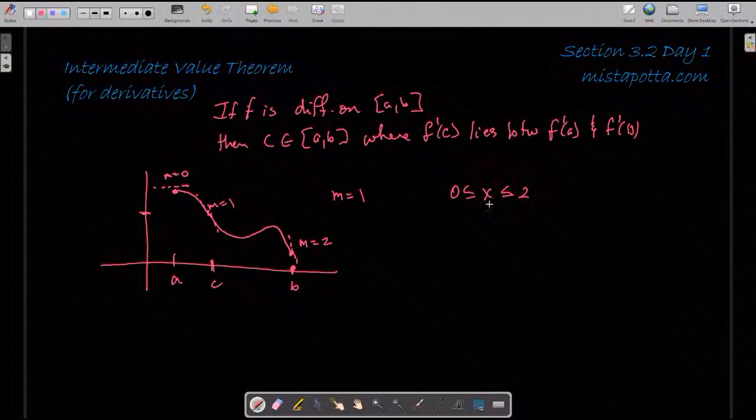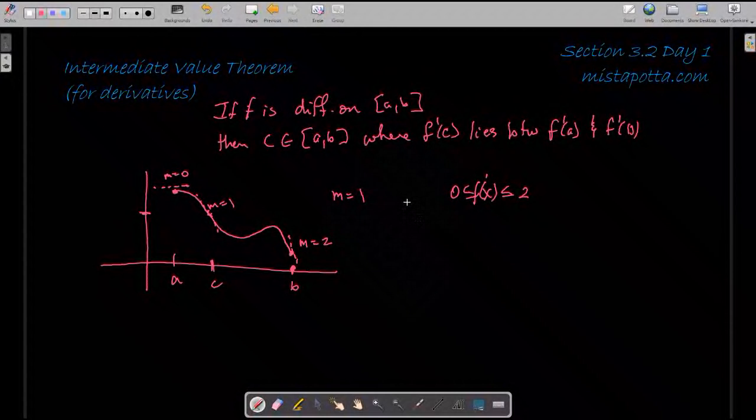There's got to be some x coordinate where the derivative at that x coordinate lies between the given derivatives.